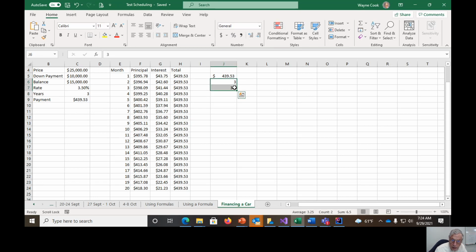Then notice if I select those two and drag them down, then I can have up to 7 years. And if I want to make it look nice and neat, I can move the decimal place so that I can have 2 decimals.